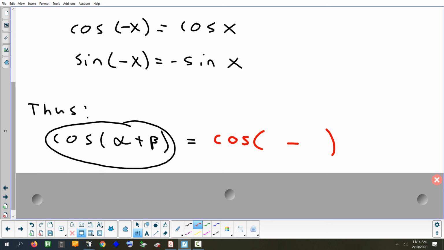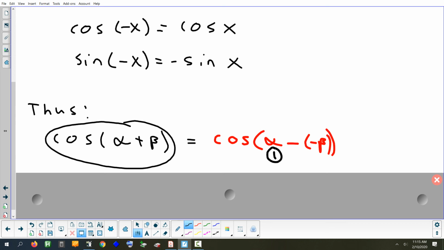So how could you write what's inside the parentheses as a difference? Alpha minus negative beta. Now you have it as a difference.